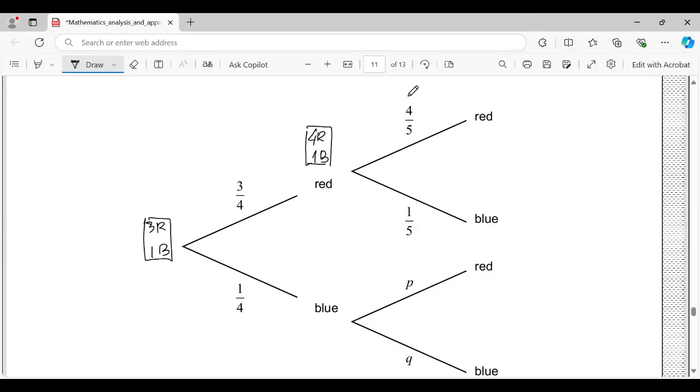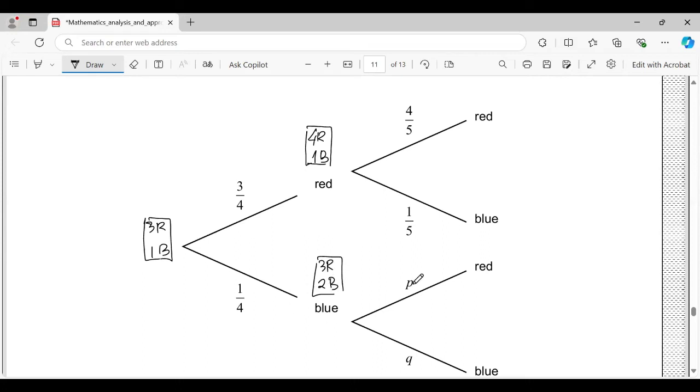So therefore, the probability is 4/5 red, and blue 1/5. In this condition, she has three red and two blue.